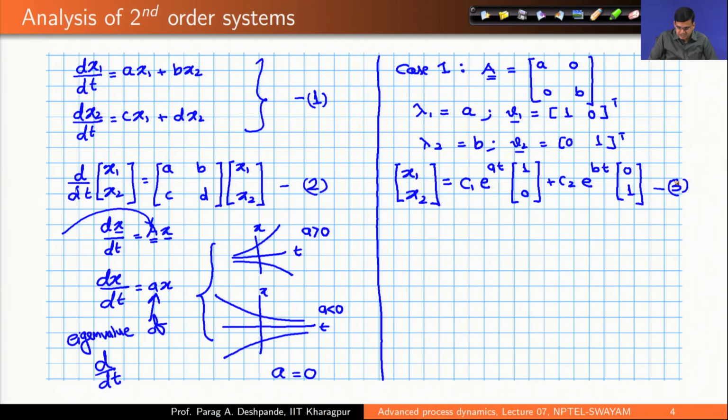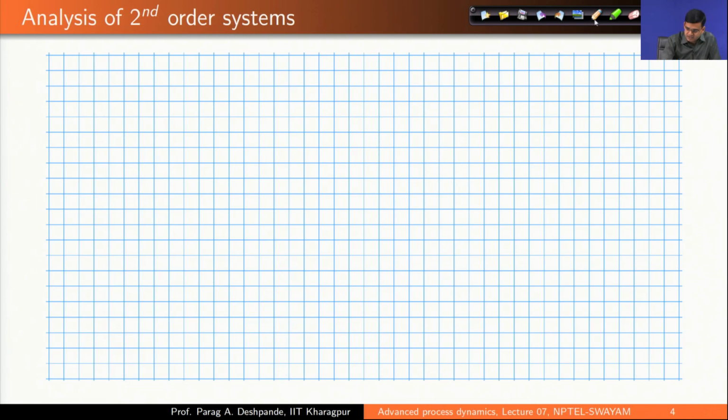So, let us consider case 1 a. So, my general solution is given by this: x 1 x 2 is equal to C 1 e to the power a t times 1 0 plus C 2 e to the power b t times 0 1.